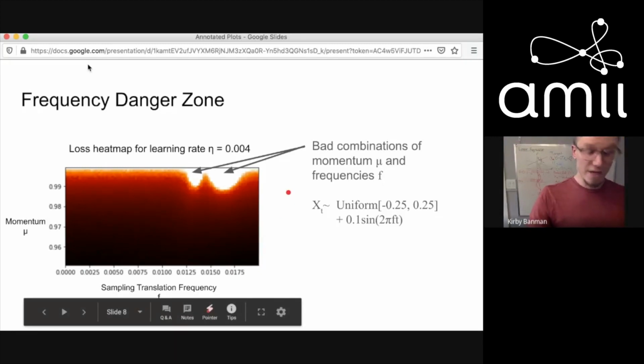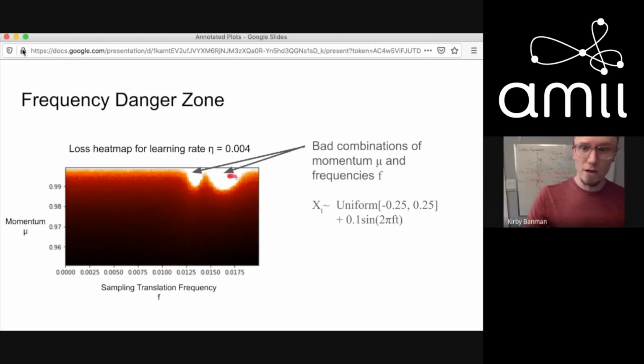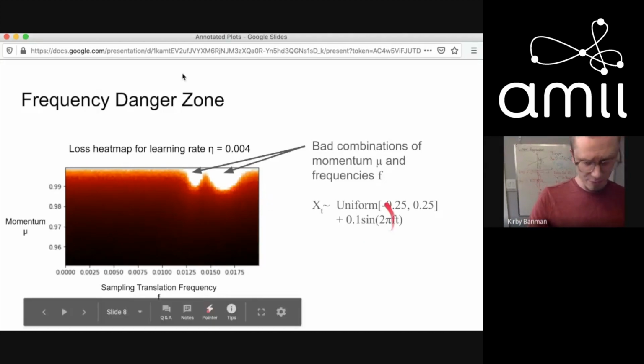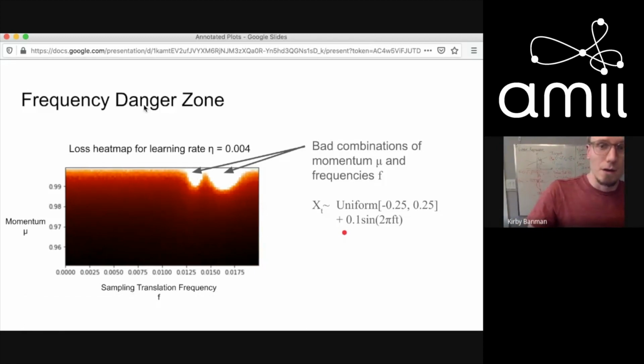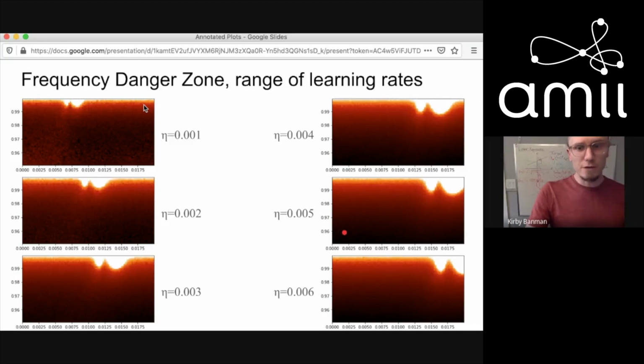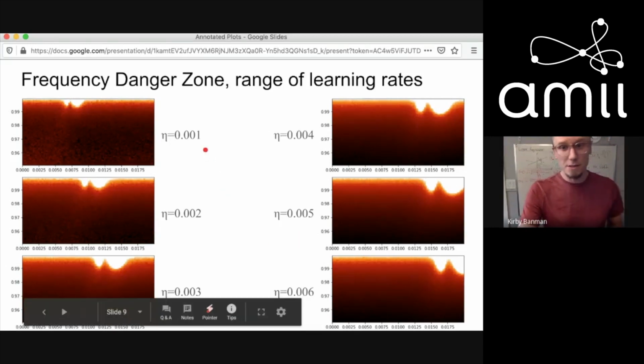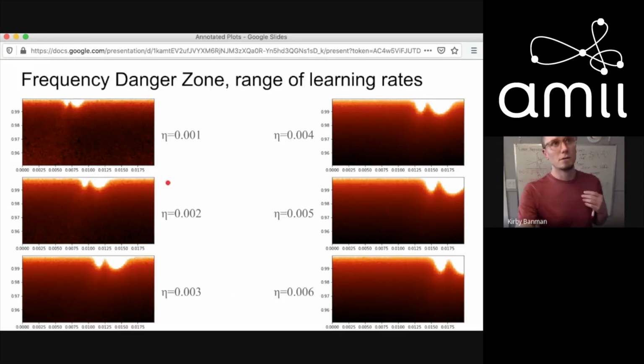And the message is that these white-hot regions for learning rate 0.004 are the bad combinations of momentum and frequency for this particular non-stationarity. And it's difficult to look at a 3D image, but we can look at a few slices. So again, each image here corresponds to one learning rate.